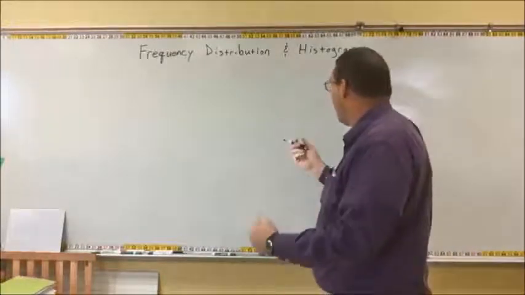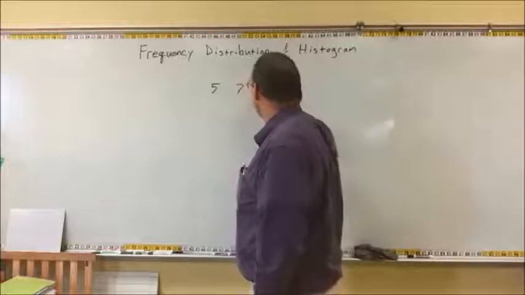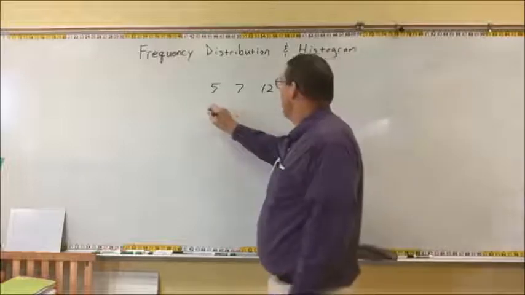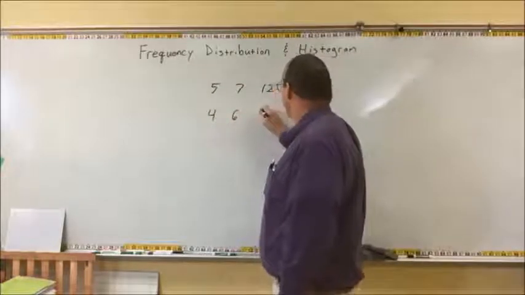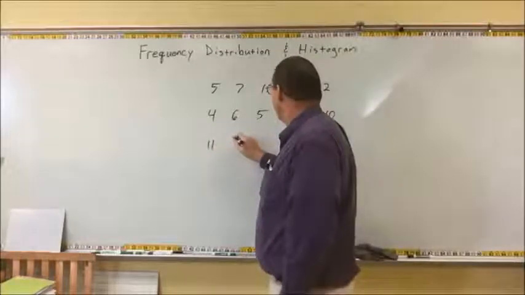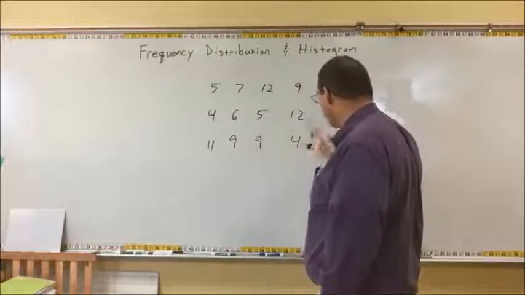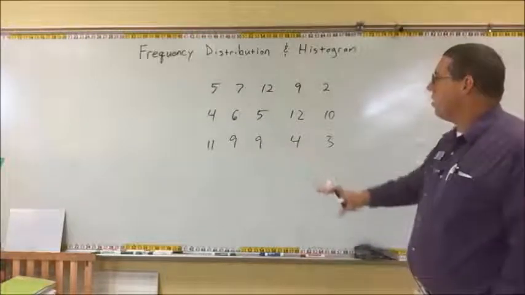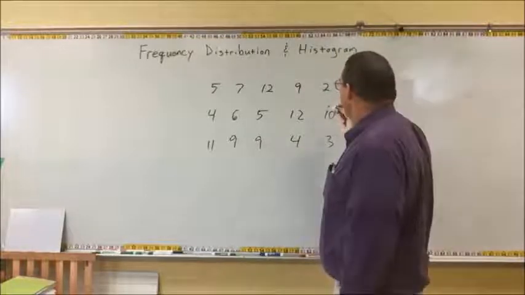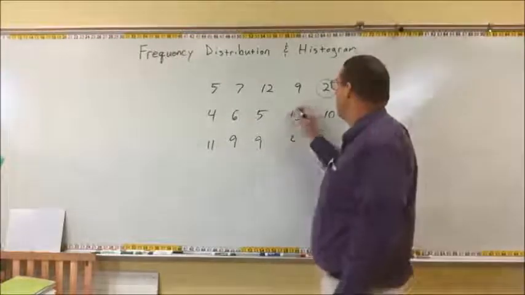So let's say that we have a bunch of numbers like 5, 7, 12, 9, 2, 4, 6, another 5, maybe another 12, a 10, an 11, another 9, maybe another 9, and then another 4 and a 3. You can see that the smallest number that we have is 2, and the largest number that we have is 12.